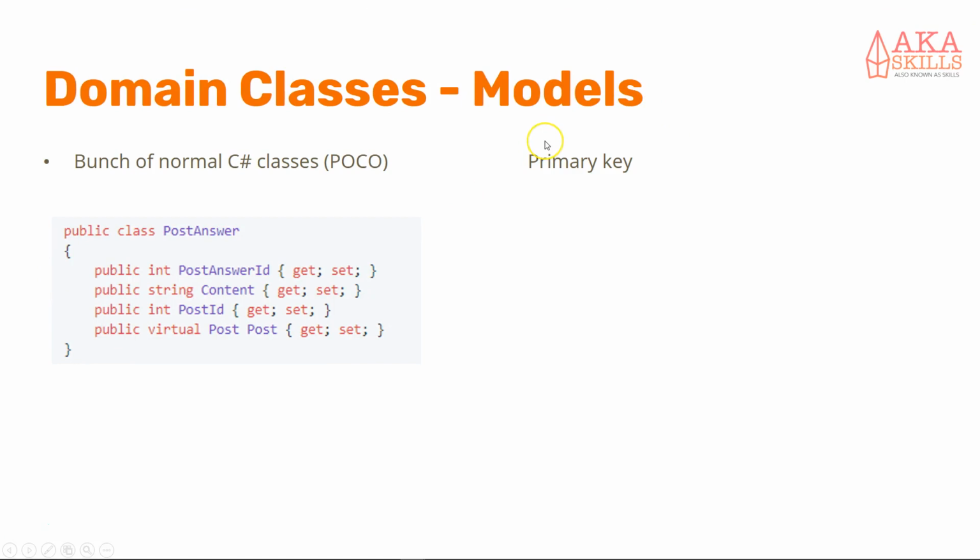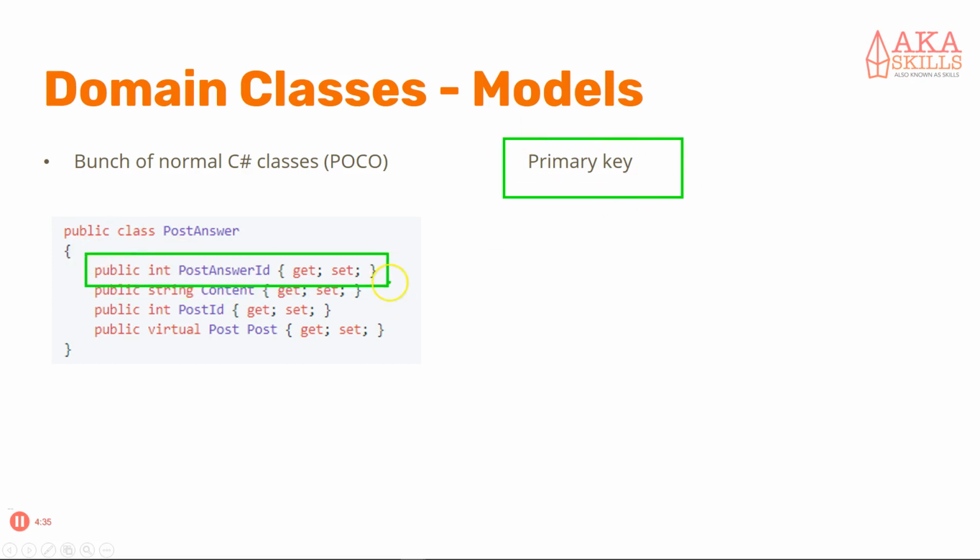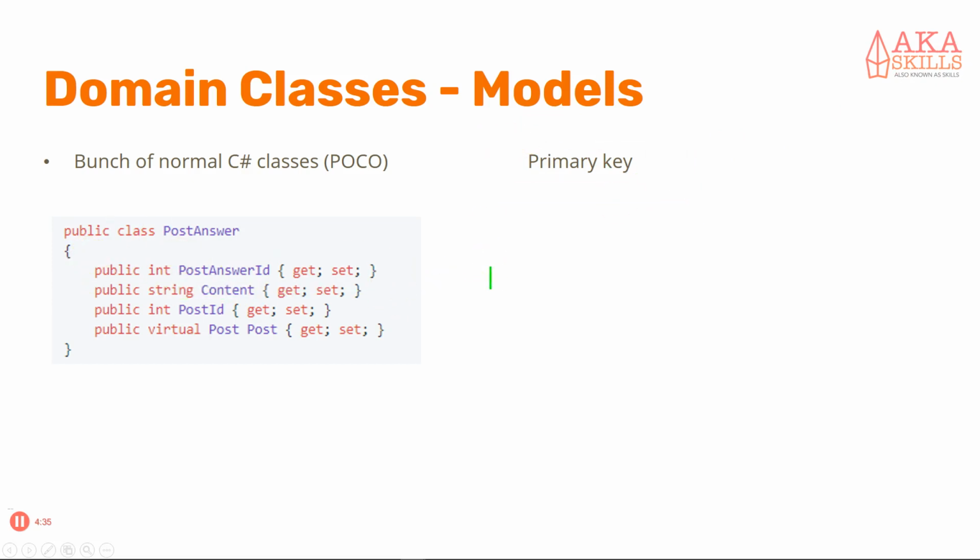Now, first we got the primary key. What's a primary key? Well, as you can see, we got public int PostAnswerId. Basically, how are IDs mapped? We got two different options. The first one is to name it only Id.